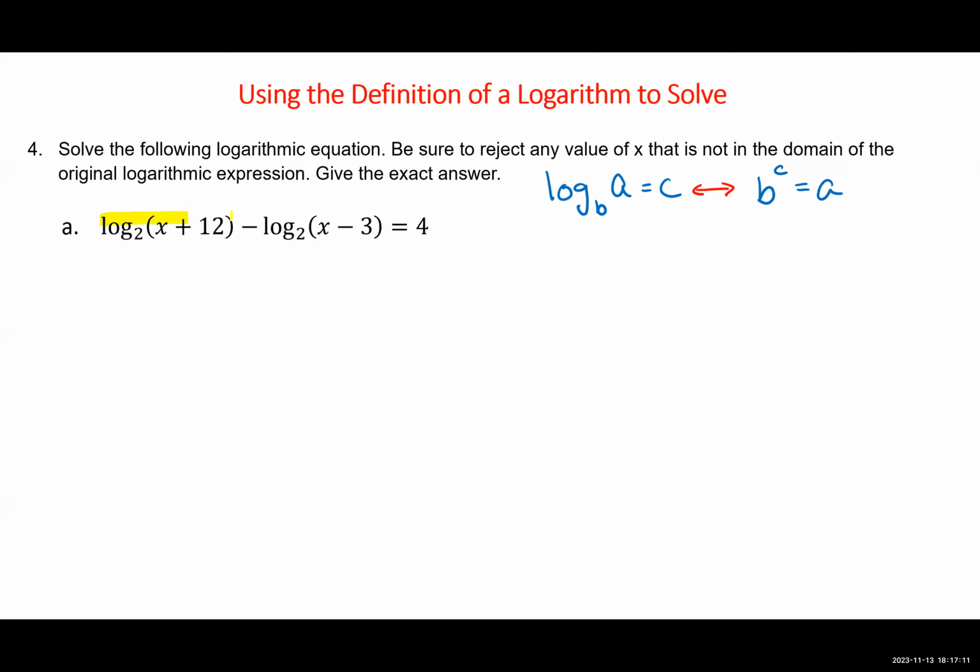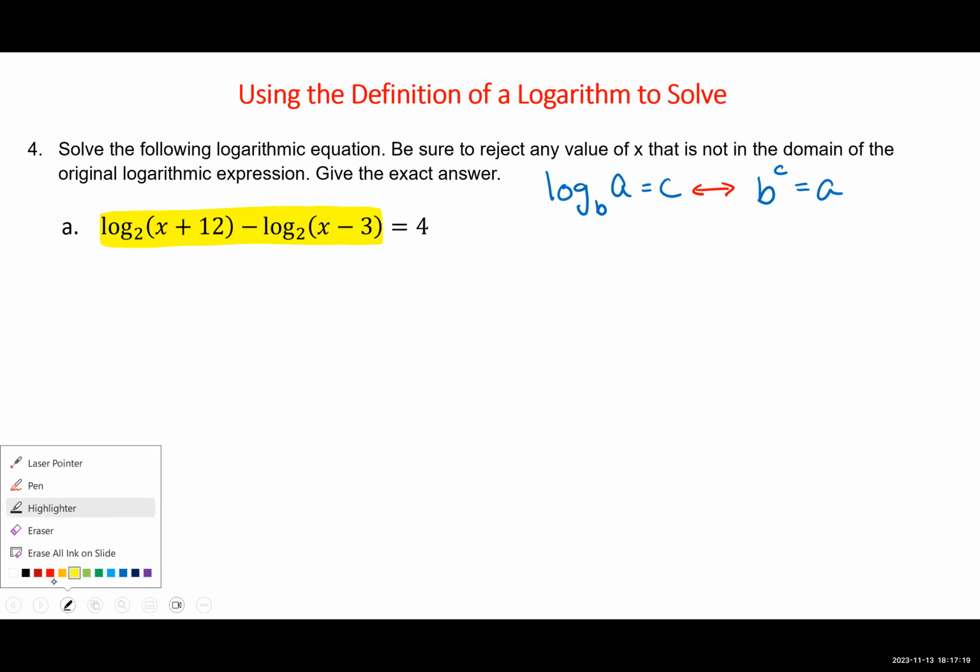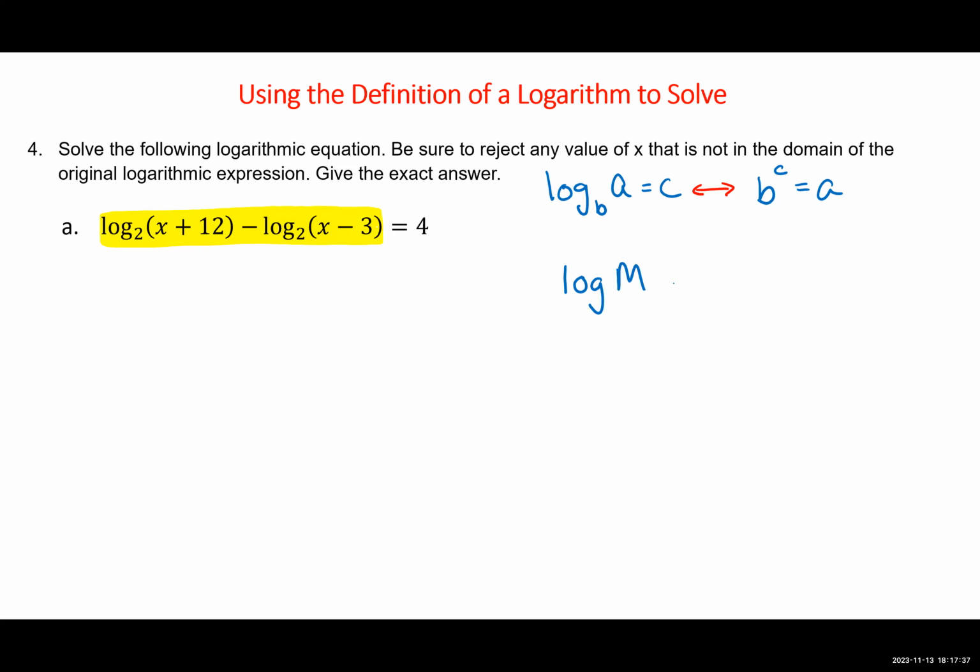So let's focus in on the left-hand side of the equation. And we have a rule of logarithms that says the log of m minus the log of n is equal to the log of m over n.